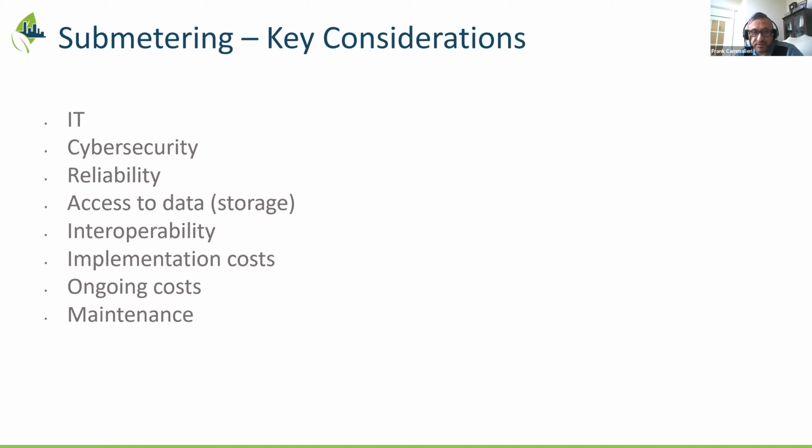Access to storage and interoperability are interrelated with accessing it and connecting it to the BAS. Implementation costs are obviously things that you would want to consider. We talked about when it makes sense to submeter something, and being mindful of the costs that continue on, be it for watching and using the data, if there are some costs associated with that, but definitely from a maintenance perspective, as Mike touched upon a little bit.